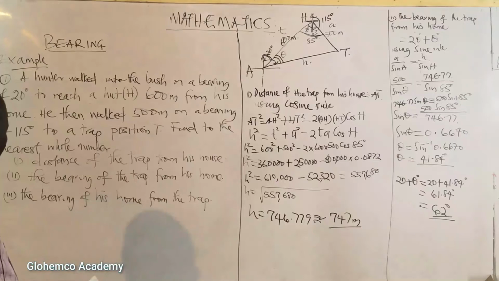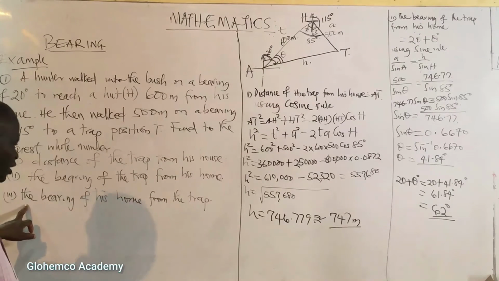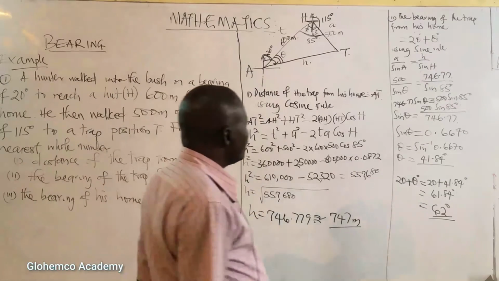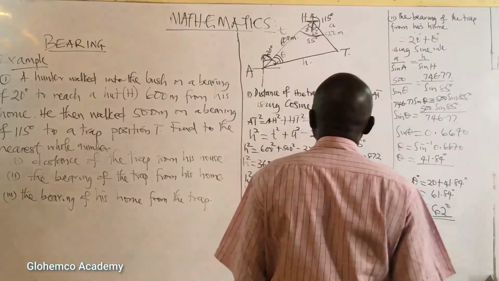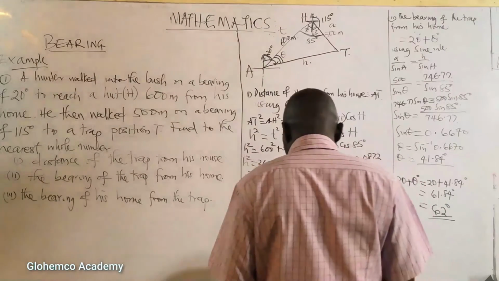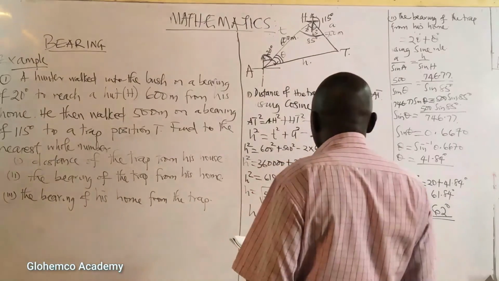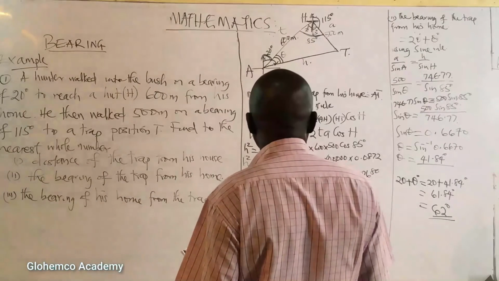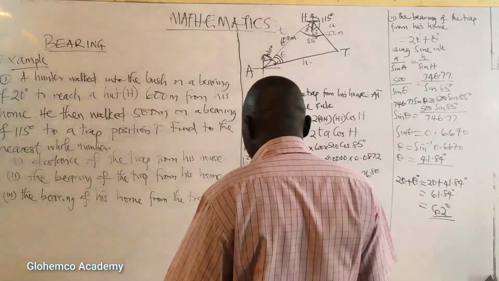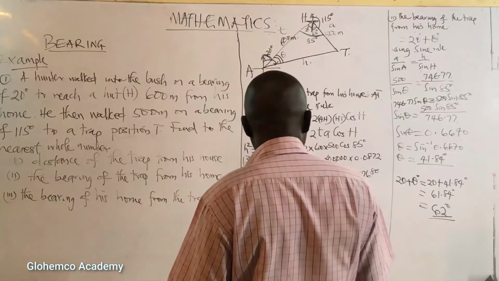So that is how to find that. And lastly here, we have to find the bearing of its home from the trap. That is the opposite. The bearing of its home from the trap. So in this case, how do we find that one? The bearing of the home from the trap.